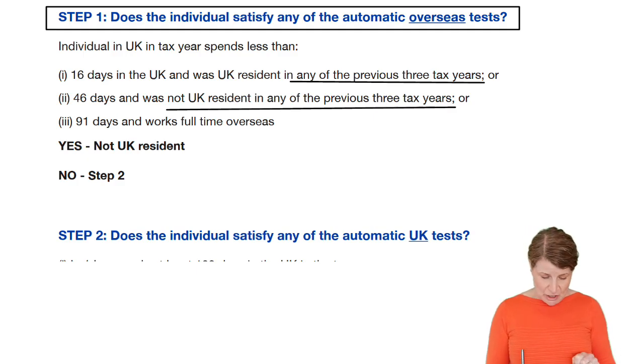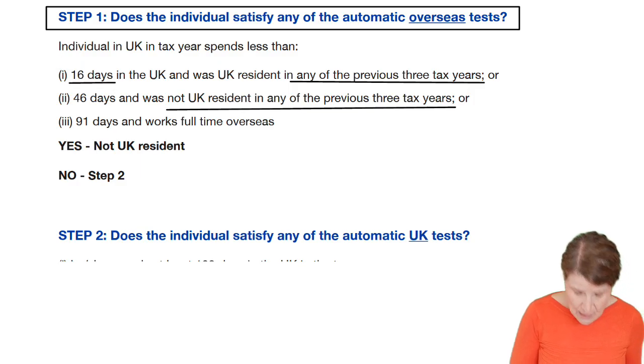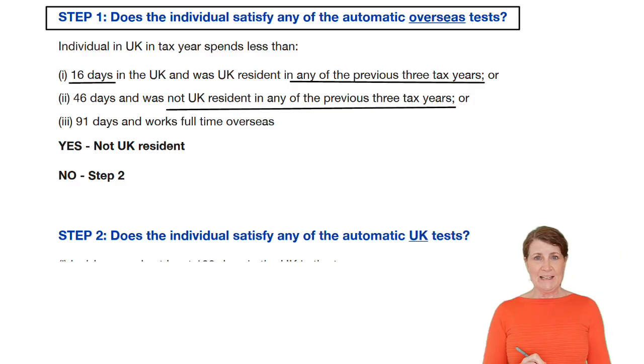Now, if the answer is yes, then you have to spend no more than 15 days, fewer than 16 days in the UK in 2025-26 in order to pass this test. So once you hit 16 days or more, you've failed. Now, if you weren't resident in the UK for any one of the 3 previous tax years, we let you spend a bit longer in the UK for this tax year.